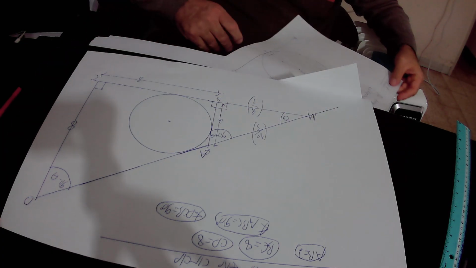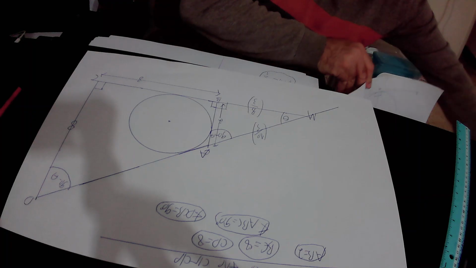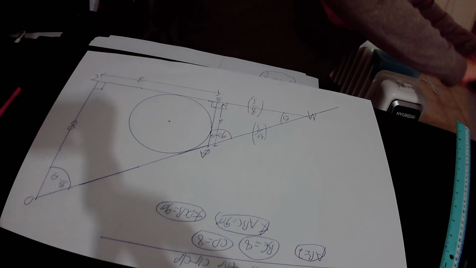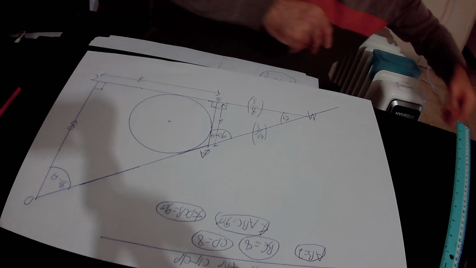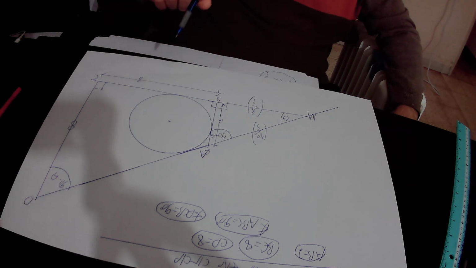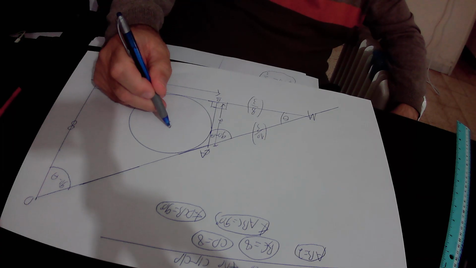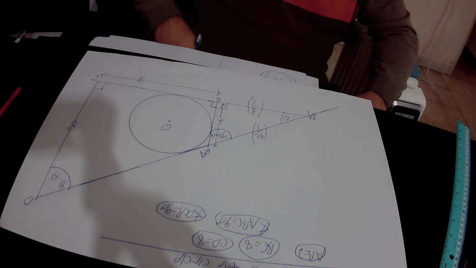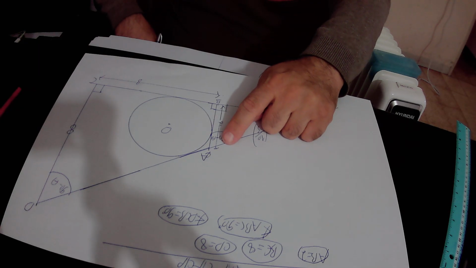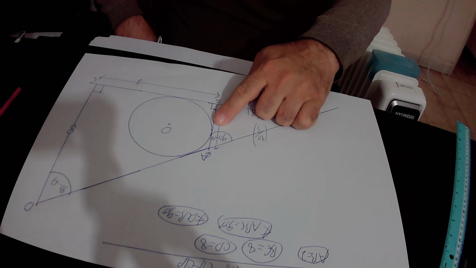We can implement rule number 1 in our drawing. We define the center of this circle as O. Line segment AB is tangent to this circle at this point.